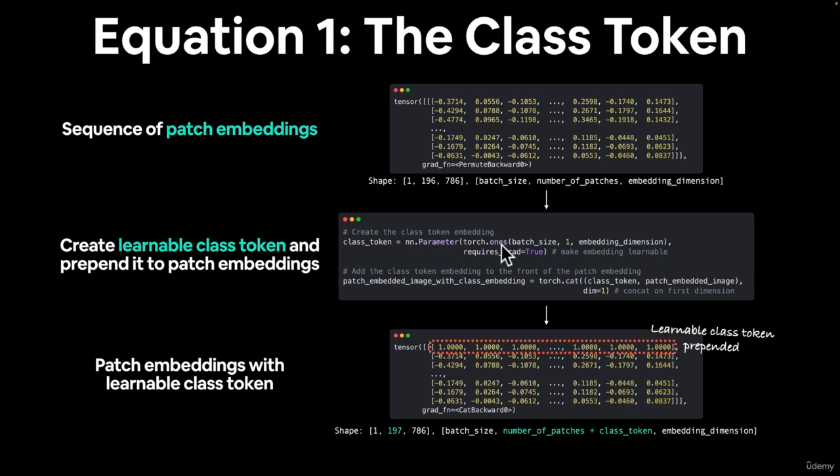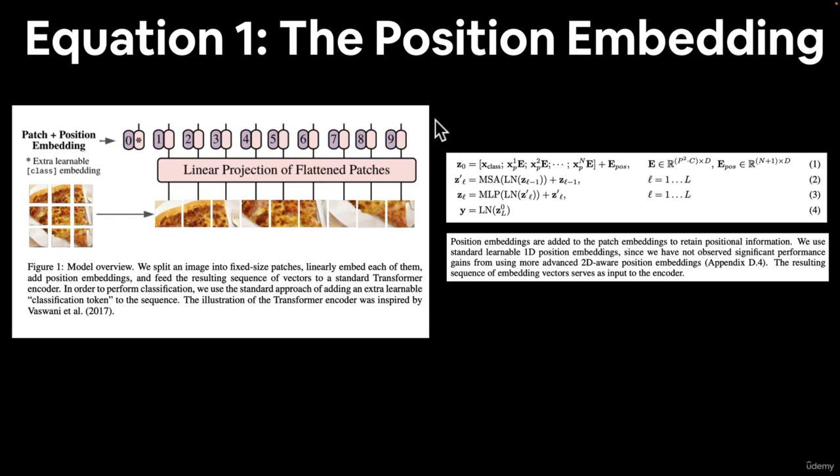Start with randomness and optimize it some way, shape, or form. Then we prepended it to the patch embeddings. So you'll see that we've now got this learnable class token right at the start of our sequence of patch embeddings. So now our shape has updated from 196 to 197, and that is reflected in the position embedding dimension.